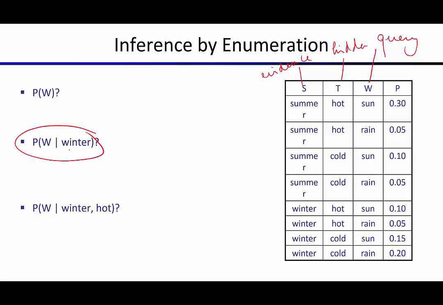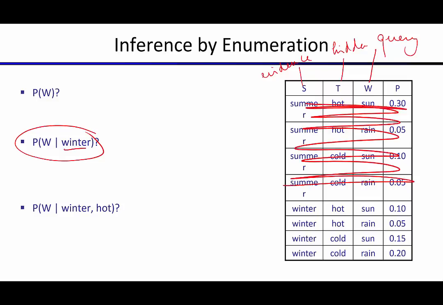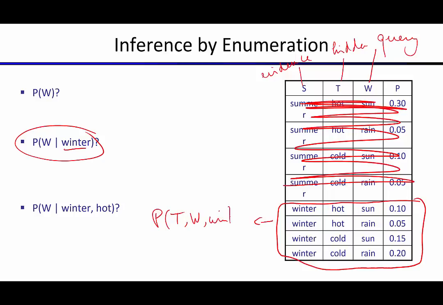Step 1 was only keep what's consistent with the evidence. Evidence says winter, so we get rid of everything up here. Now we're left with this table over here. This table represents the distribution for temperature and weather, comma, winter.